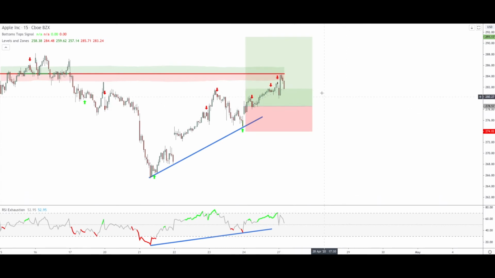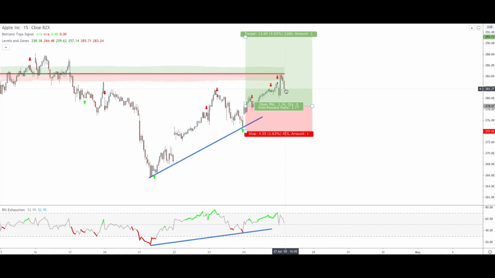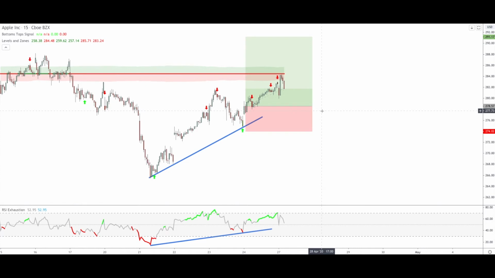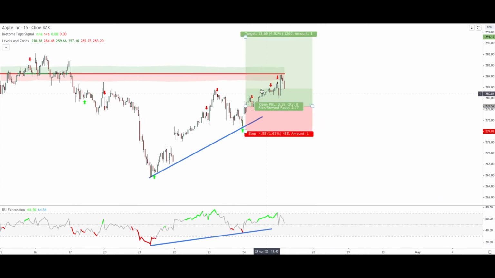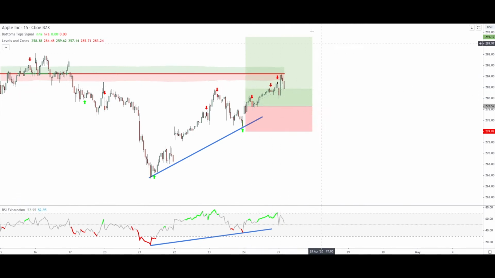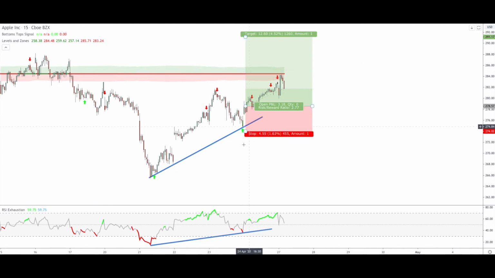I know we are higher than we were when we entered the trade, but basically it's like we just started the trade, because the price hasn't made its move yet. So the upward movement is something that must still happen.